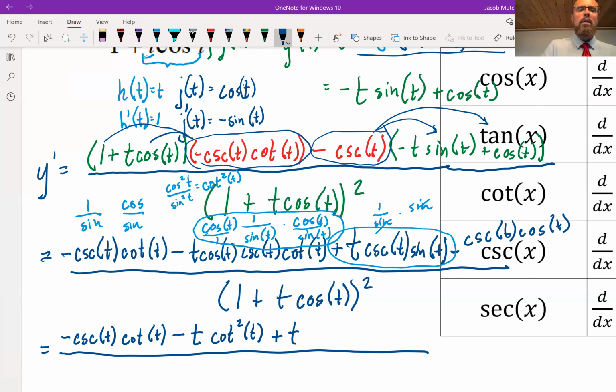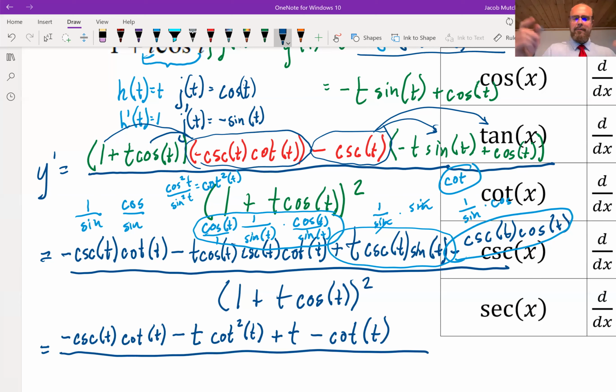And then I had one last product here, minus cosecant times cosine. So again, cosecant's 1 over sine, and cosine is just cosine. So that's cosine over sine, which is cotangent. So that last piece would reduce to minus cotangent of t.